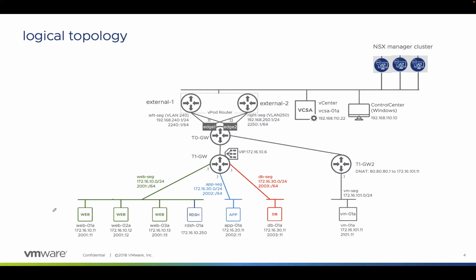Let's talk about this diagram from the bottom upwards to the top. No matter if you have a real deployment or you're conducting a POC, you have some production machines here. These are production VMs or simulated virtual machines.